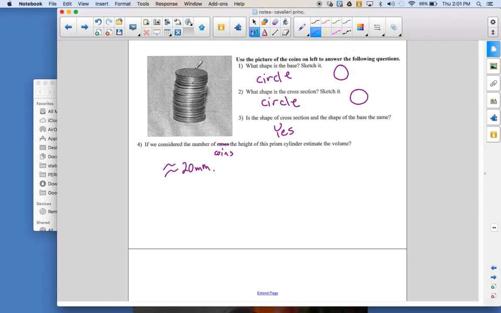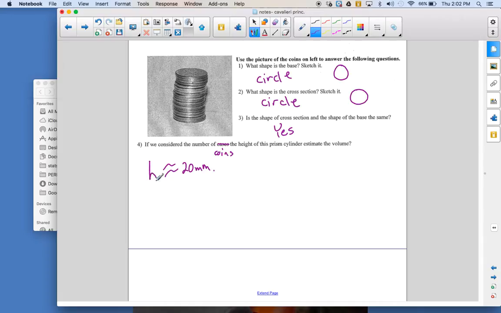Okay, so if I was going to measure in millimeters, I'm looking at my ruler now to see how many millimeters a coin's radius would be, and it might be maybe 10 millimeters.